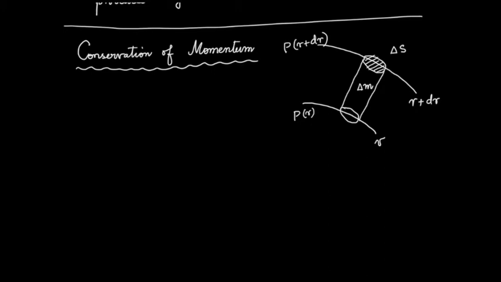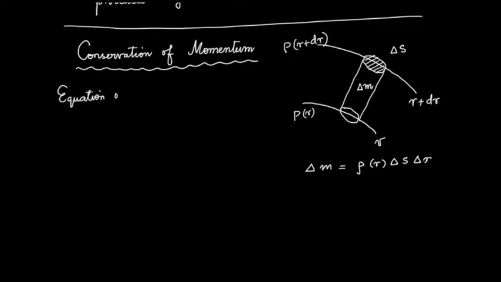And you will agree that delta m is rho times delta S times delta r. Now what will be the equation of motion? I can just use Newton's second law.